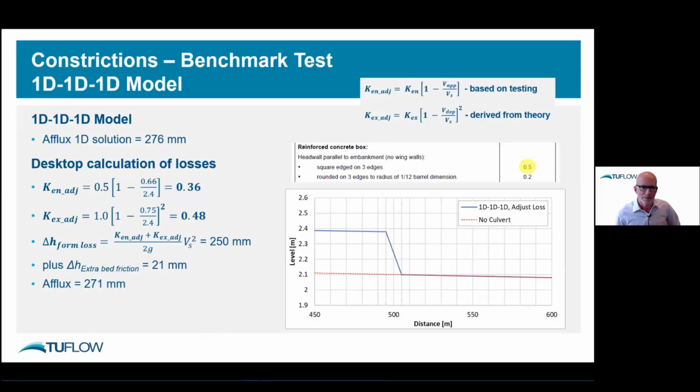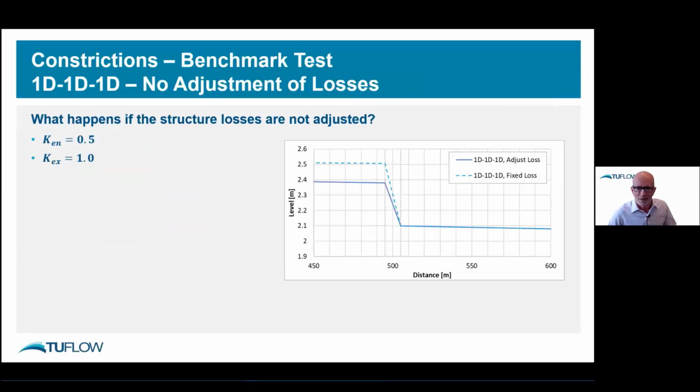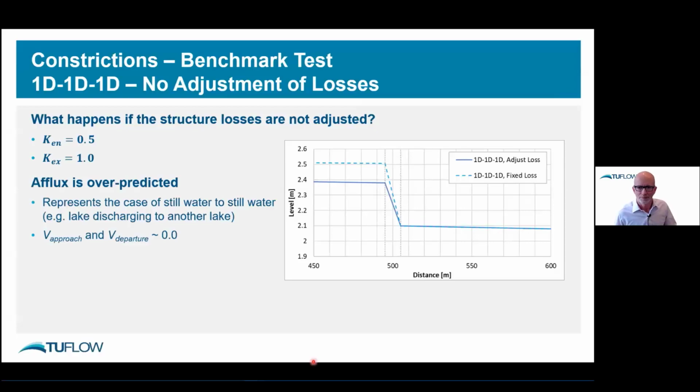So that's the case that comes out of the little 1D model, and that's adjusting the losses. What happens if we fix those losses at 0.5 and 1? The end result is that the afflux is over-predicted, as you can see here. This is the upstream water level if you don't adjust the losses. And you will, according to theory, over-predict your head drop above that constriction.